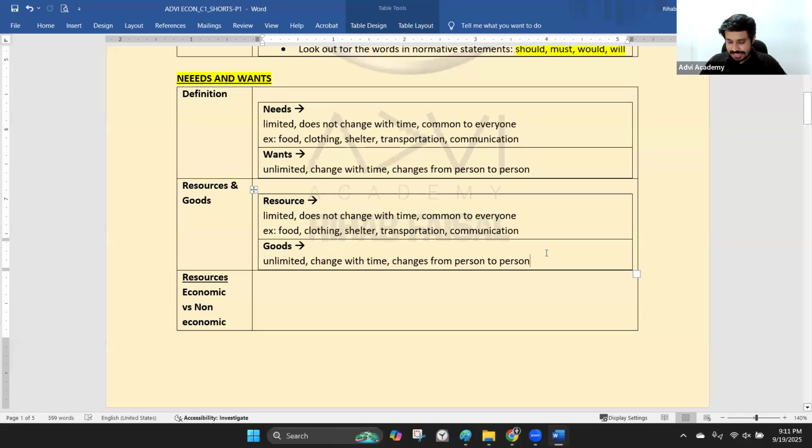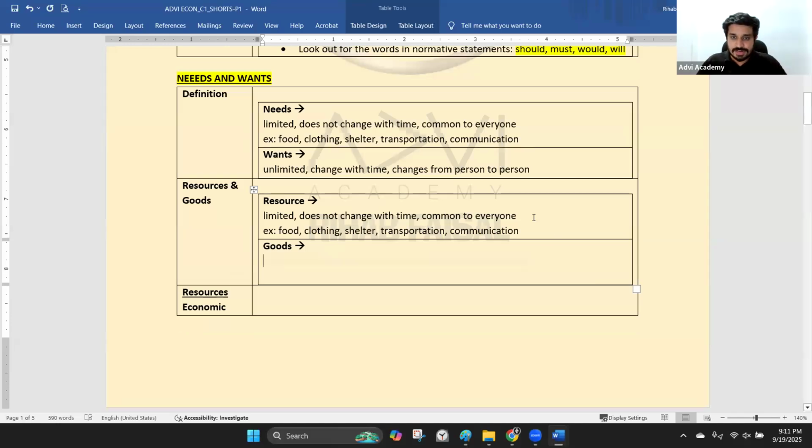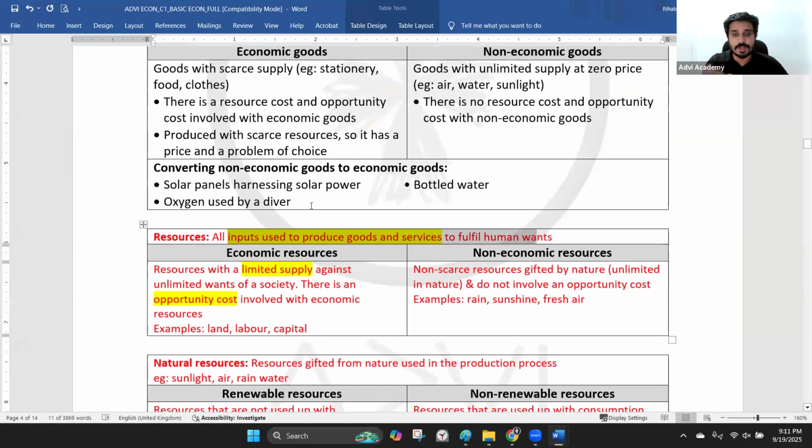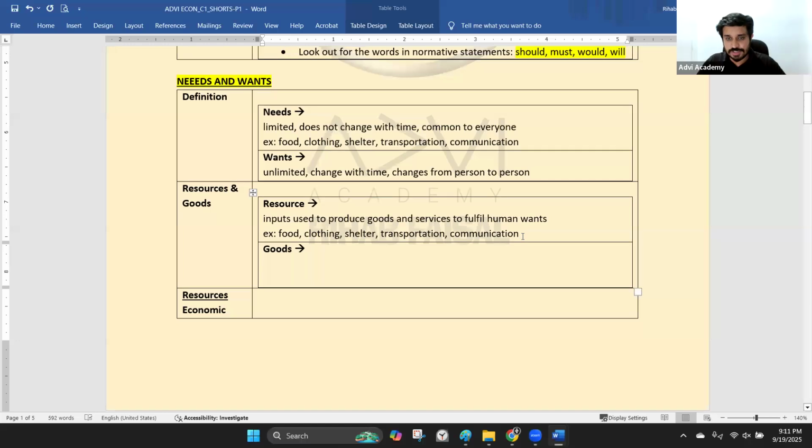How was that t-shirt made? What resources did we take from nature to make that t-shirt, that good? Resources are inputs used to produce goods and services to fulfill human wants. There are two types: economic resources and non-economic resources. We will come to that next.